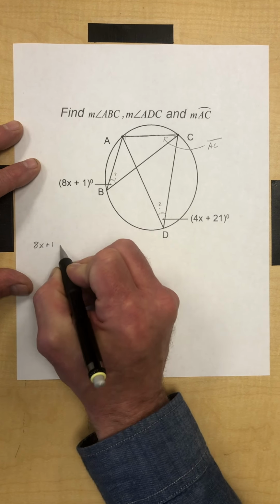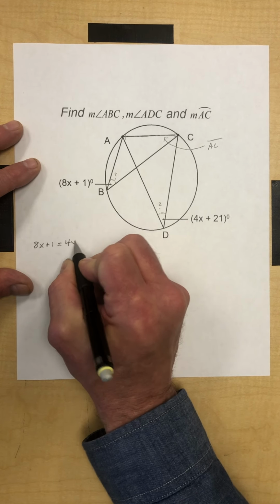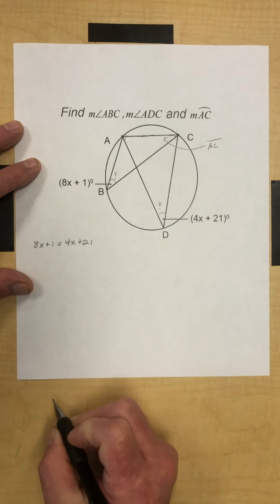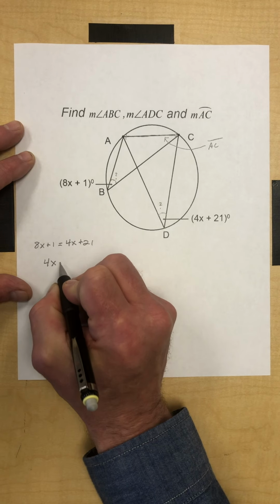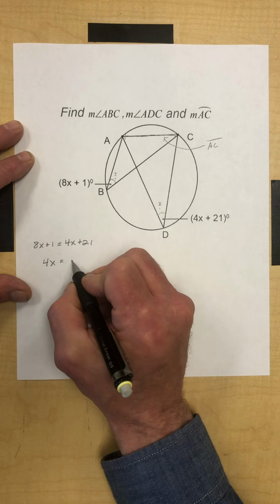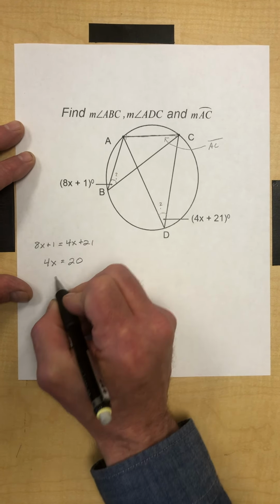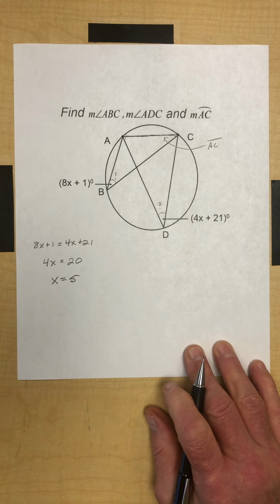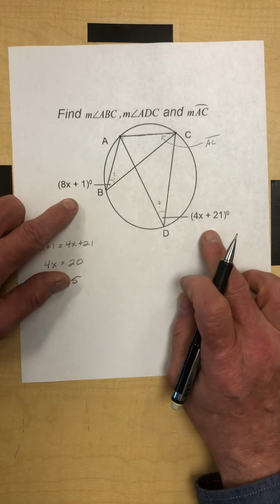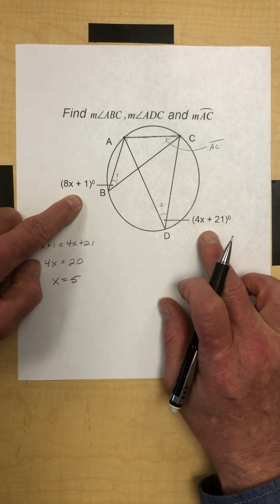So again, set these two expressions equal to each other. 8x plus 1 equals 4x plus 21, and solve that. So subtract 4x from both sides to give us 4x, subtract 1 from both sides to give us 20, divide by 4. So if we did it correctly, x should be 5. So we've got to go back and find these two angle measures.